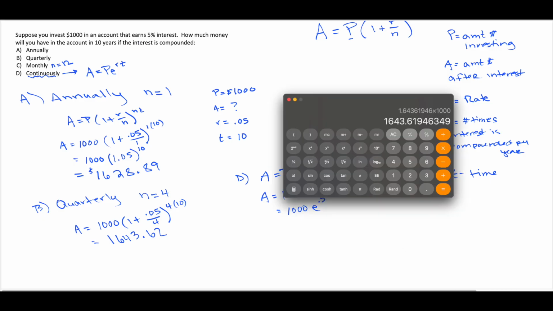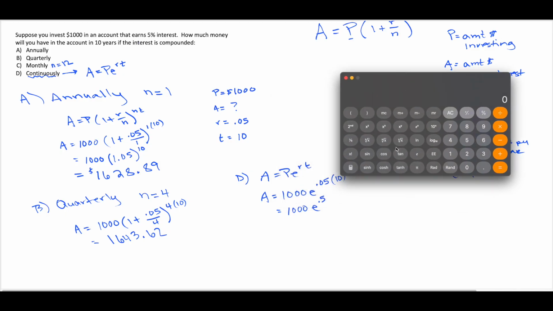So let me grab that calculator again. And let's see, so we would have e to the 0.5. Let's see, how does this calculator want us to plug that in? Let's put the exponent in first. There we go. e to the 0.5, and that gives us this number, times 1,000.